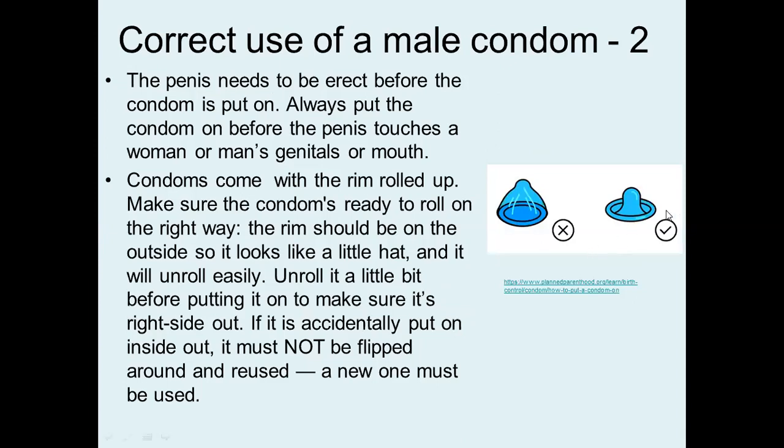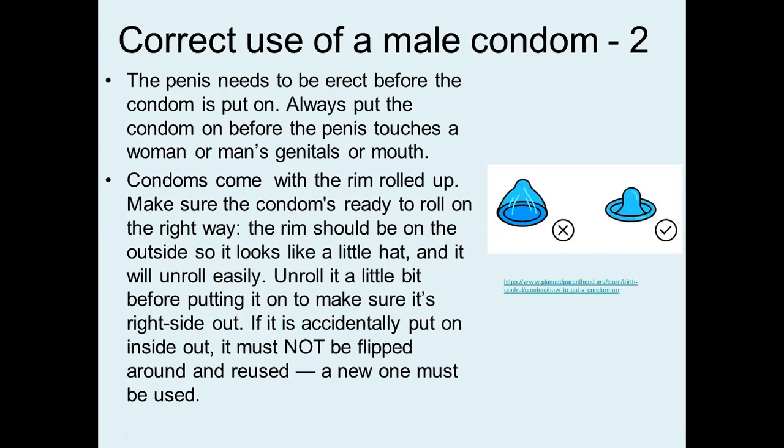So condoms, I said to you just now, come with the rim rolled up. So if you look at the drawing on the right-hand side, the rim is rolled up like the rim on a beanie, if you put a beanie on your head. And it's important that the condom's ready to roll on the right way.